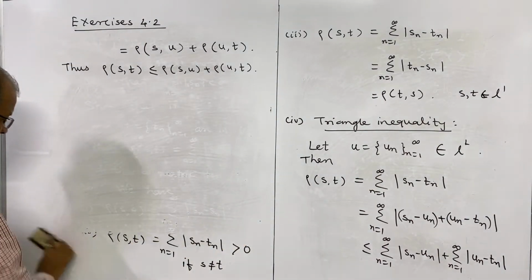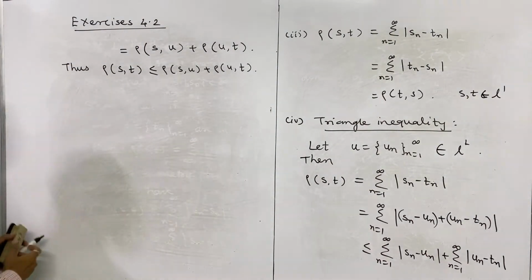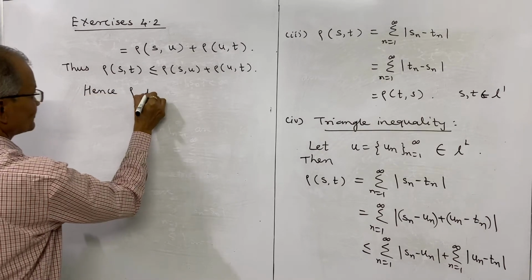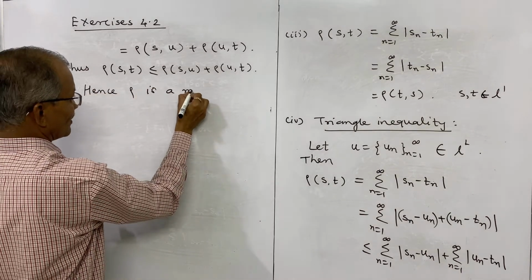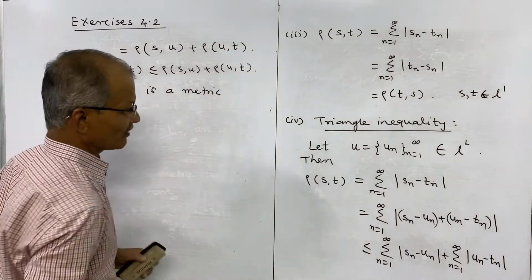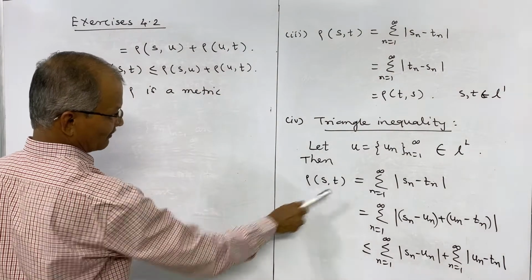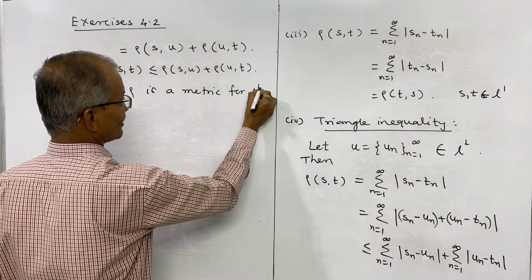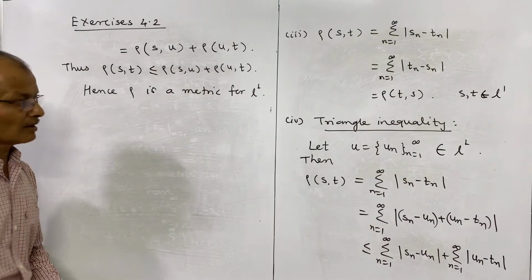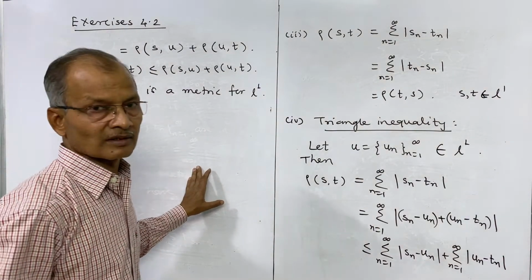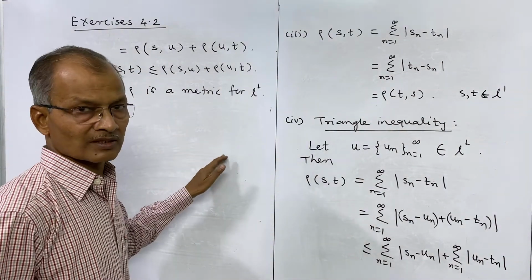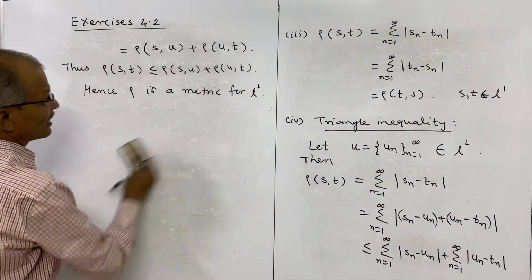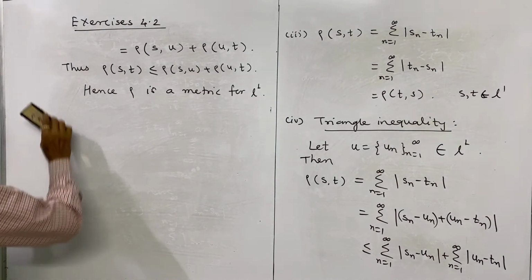Hence rho defined this way is a metric for L1, the class or set of sequences such that the summation of the absolute value of Sn is less than infinity. So this defines a metric, and this completes the solution.